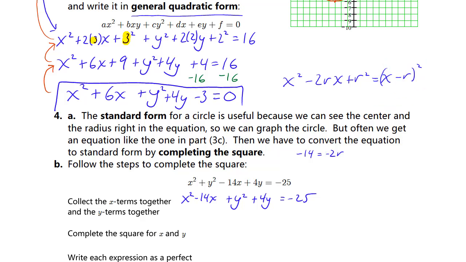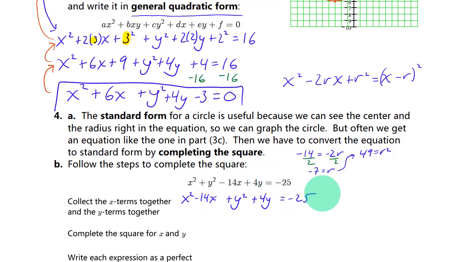So what is the r? If you divide both sides by 2, you get negative 7 is r. And that means r squared, if you square both sides of that, is going to be 49. So this part here needs to have an extra 49 added onto it.